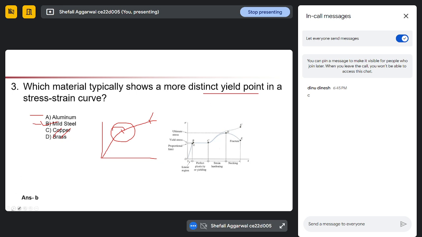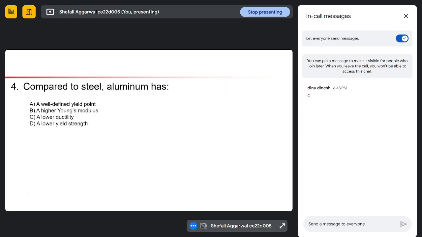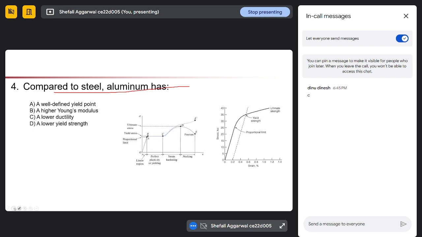Okay. From a similar question, compared to steel, aluminium has a well-defined yield point, higher Young's modulus, lower ductility, or lower yield strength. So these are the typical curves. Any idea?